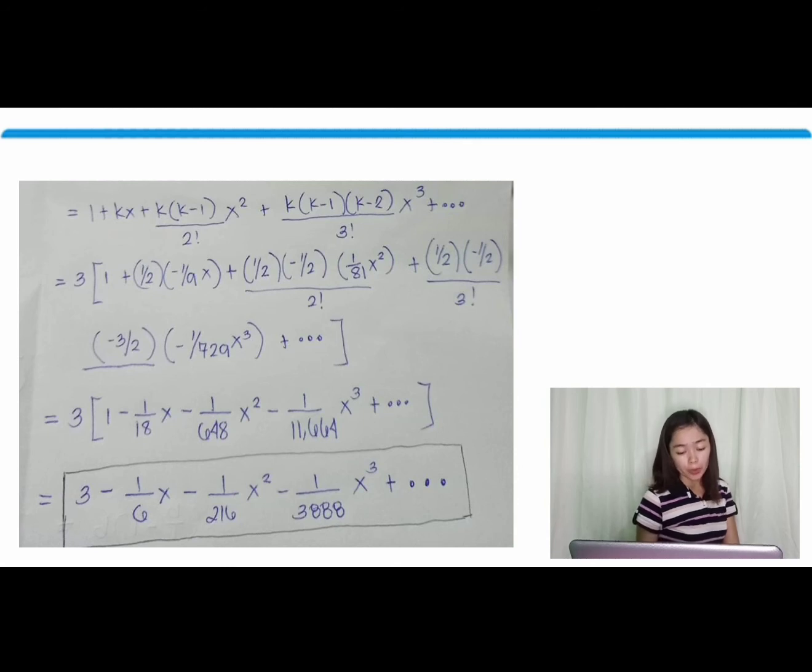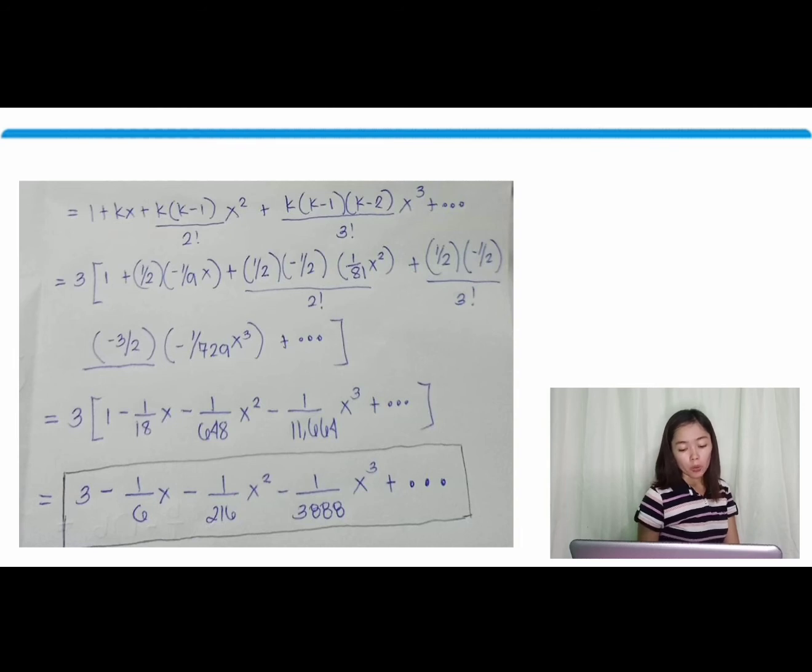Now copy the 3. We have 3 times 1 plus 1/2 multiplied by negative 1/9 x plus 1/2 times negative 1/2 over 2! multiplied by 1/81 x^2 plus 1/2 times negative 1/2 times negative 3/2 over 3! multiplied by negative 1/729 x^3. Now copy the 3.